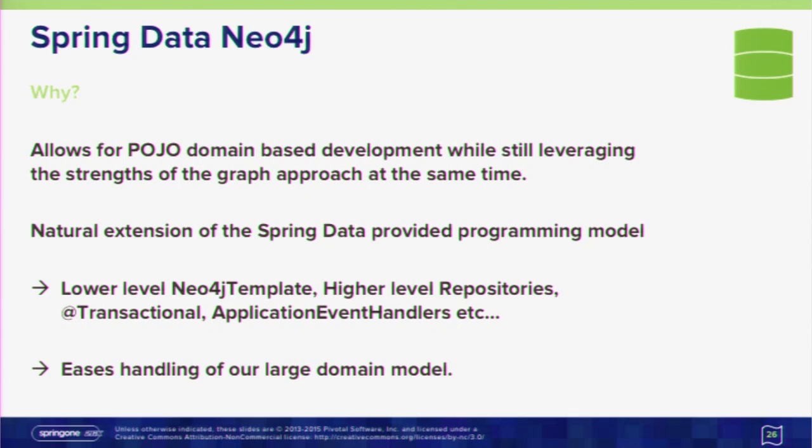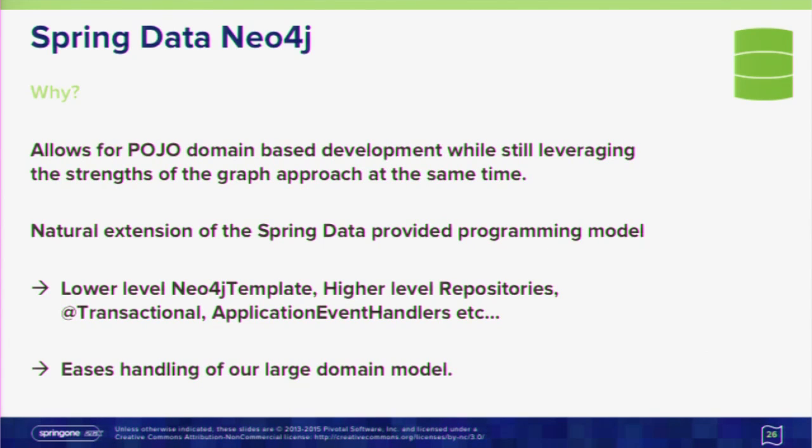With a common programming model that is very familiar throughout the Spring Data ecosystem, you get that lower-level Neo4j template, which already prevents lots of boilerplate code, and also exception mapping. You then gain the higher-level repositories for your data persistence layer. You get the benefits of the Spring transactional model, and you also have the application event handlers.